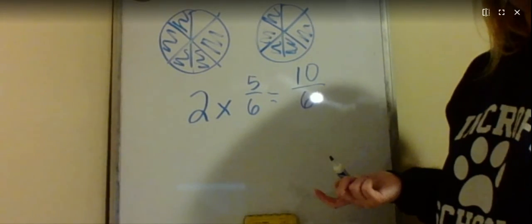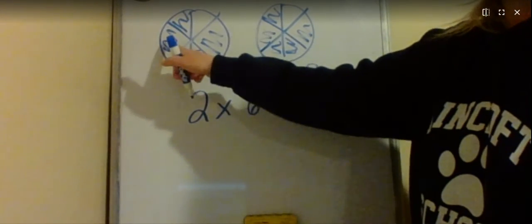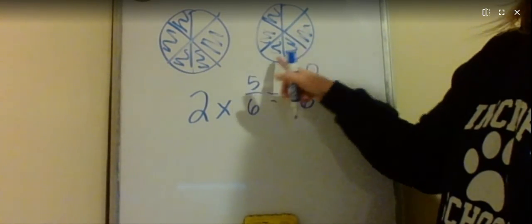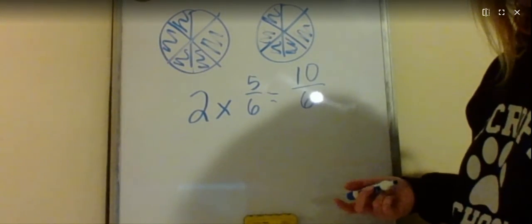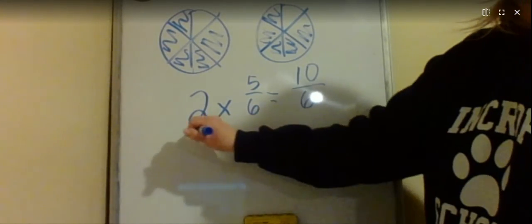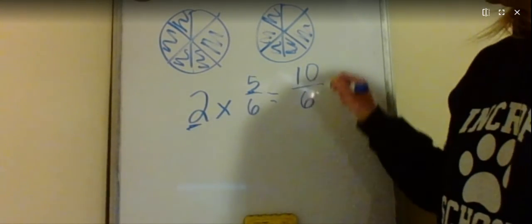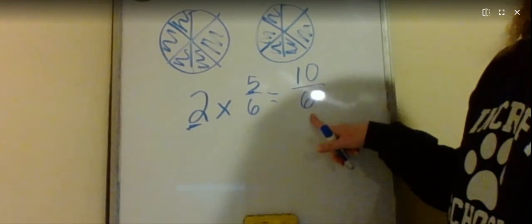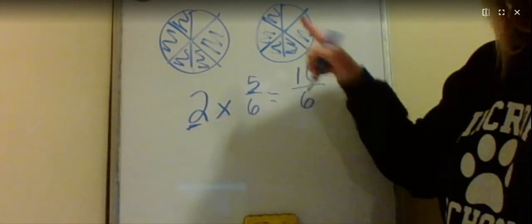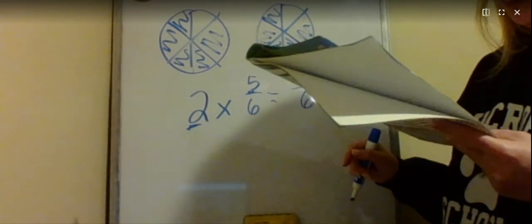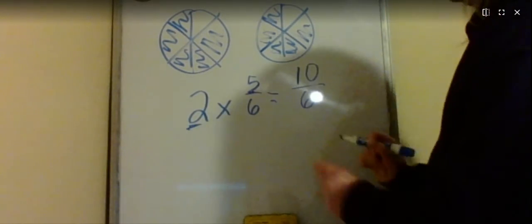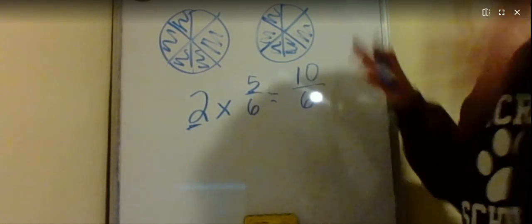Now, you could have done repeated addition, 1/6, 2/6, 3/6, 4/6, 5/6, 6/6, 7/6, 8/6, 9/6, 10/6, and added, or you could have done 2 wholes times 5 got me 10, and my denominator does not change because I did not change how many pieces I'm cut up into. Okay? Let's try another without a picture.